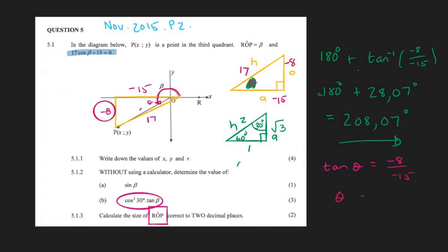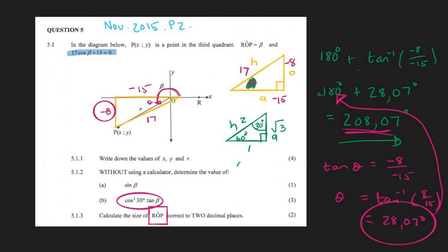So theta is the inverse tan of 8 over 15, and that is going to give me 28.07 degrees. And then I just add that to my 180 degrees, and that's going to be my answer. Maybe not the best explanation in the world, but let me know if you understand.